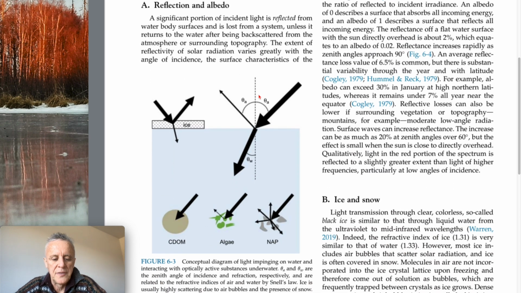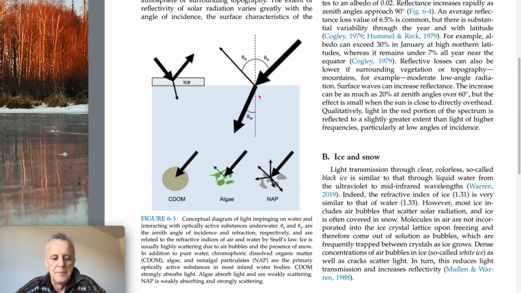So why don't we look at figure 6-3 here. It's a conceptual diagram of light impinging on water and interacting with optically active substances underwater. We have theta alpha and theta W, the zenith angles of incidence and refraction.